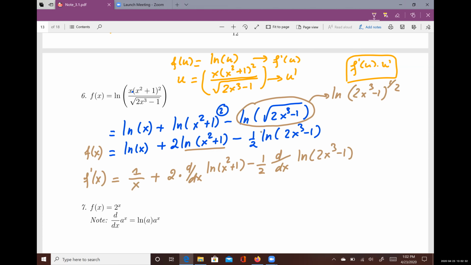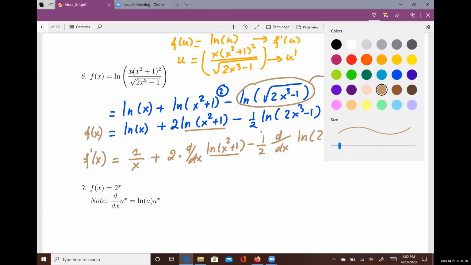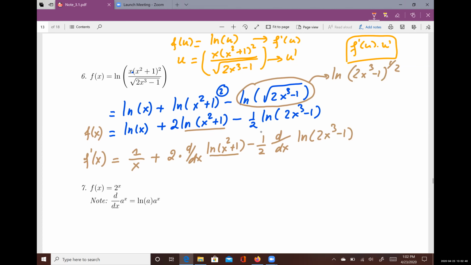The next question is, how can I find the derivative of natural log of x squared plus 1? Again, I can use the chain rule. So what is f of u? f of u is natural log of u. u should be x squared plus 1. Then u prime is 2x, right?